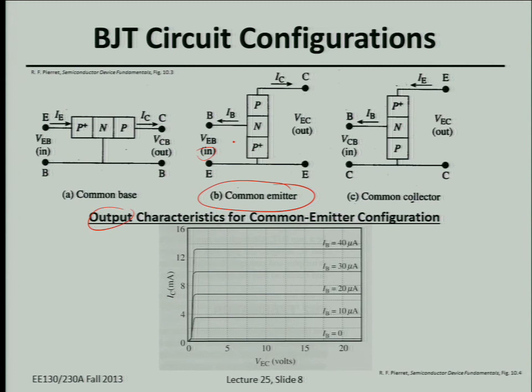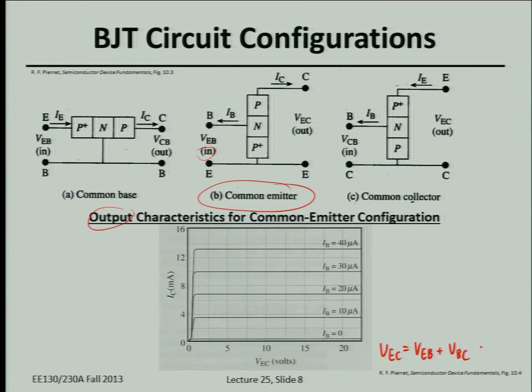So let's look at this. VEC, the output voltage, is equal to VEB plus VBC. That's just the definition here. The output voltage is just the difference between the collector voltage and the emitter voltage, but you can break that down into VEB and VBC.